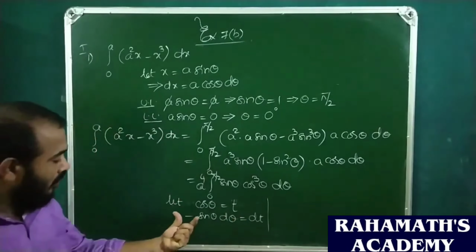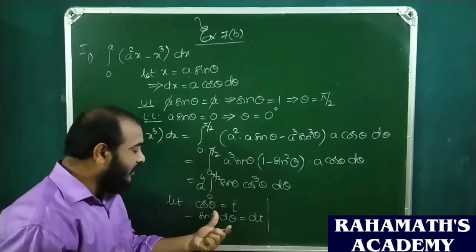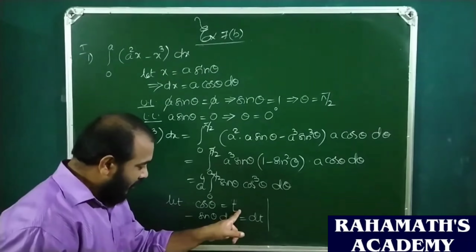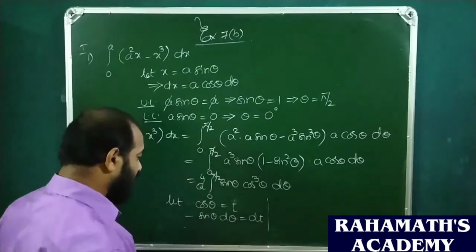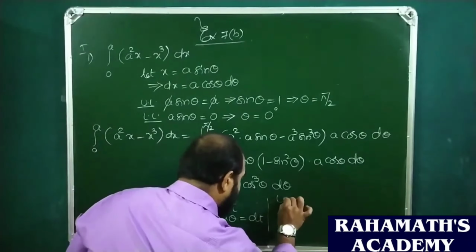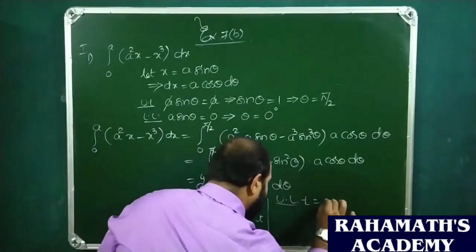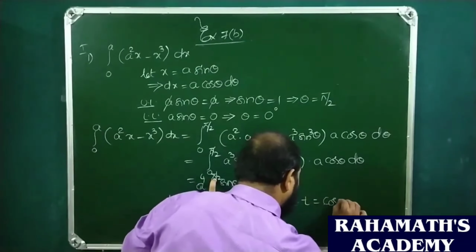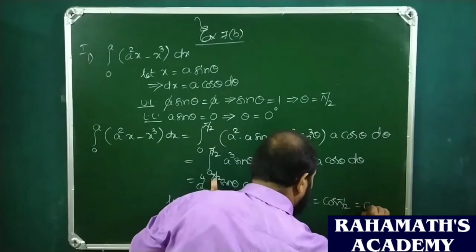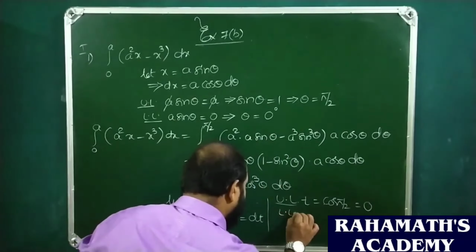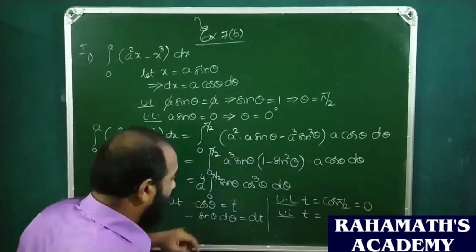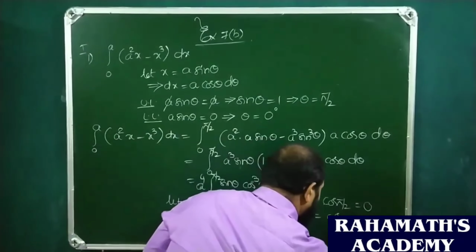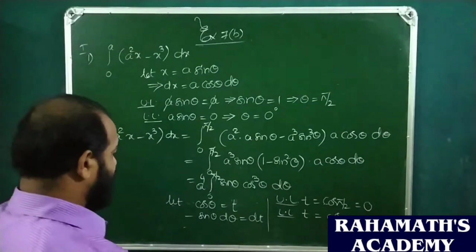Therefore, we need to freshly evaluate the limits for the fresh variable of integration t. So upper limit t is equal to cos pi by 2. Cos pi by 2, cos 90 is 0. And lower limit: t is equal to cos theta, theta is 0. Cos 0 value is 1.